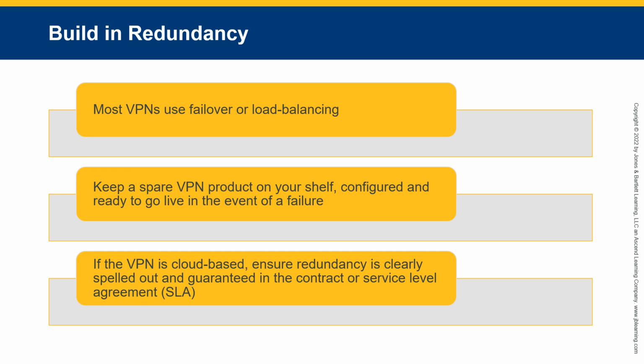A good best practice is to keep a spare VPN product or firewall, or basically anything you can. Have an inventory where you can have one of them on the shelf, configured and ready to go, to just plug it in whenever you need to, so you can RMA the other product that fails.